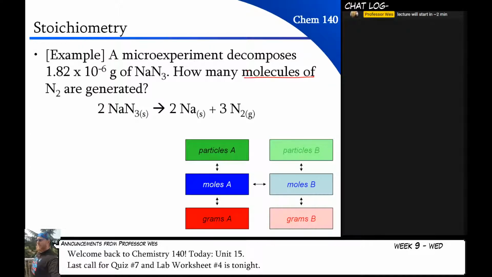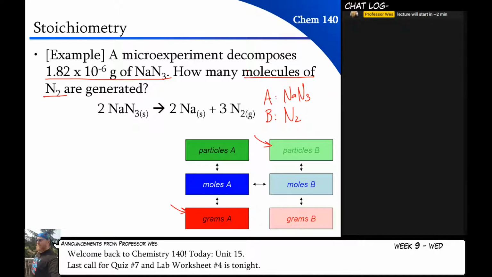So I'm asking you for the number of molecules of N2 to solve here, given this tiny, tiny, tiny amount of sodium azide that's used. How many molecules are made? So I'm going to have you start here and end here. And this is the same situation. A is still sodium azide, and B is still nitrogen.